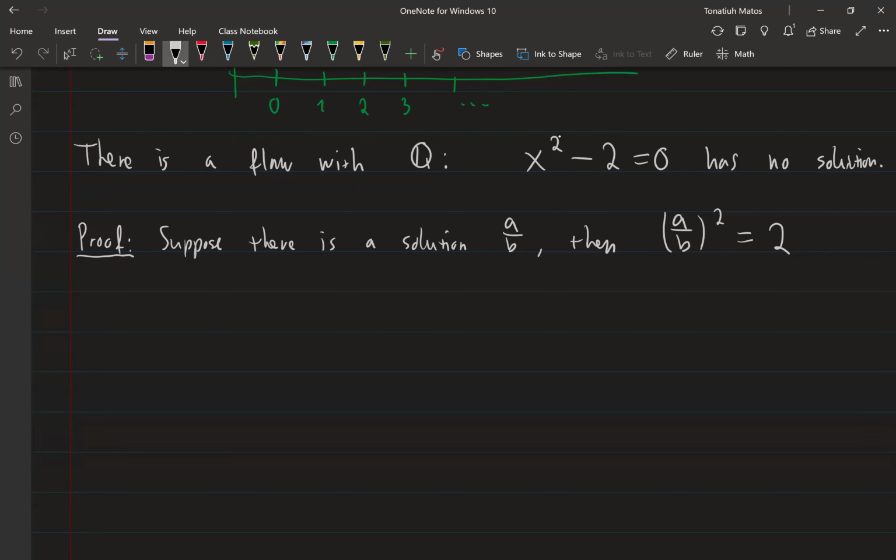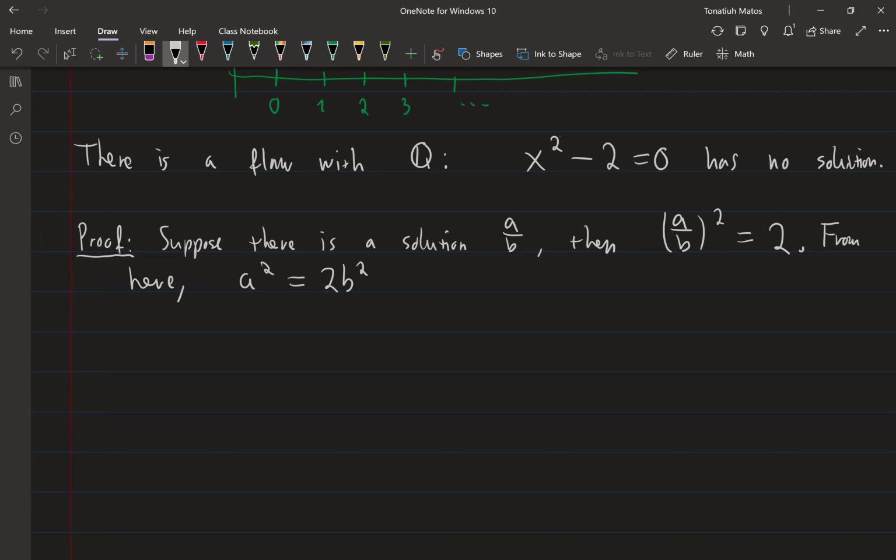So this means from here, so yeah, like I said, if I have a plus there, it still has no solution, but the reason is different. So I want to include the minus. From here, a squared is the same as 2b squared, right?